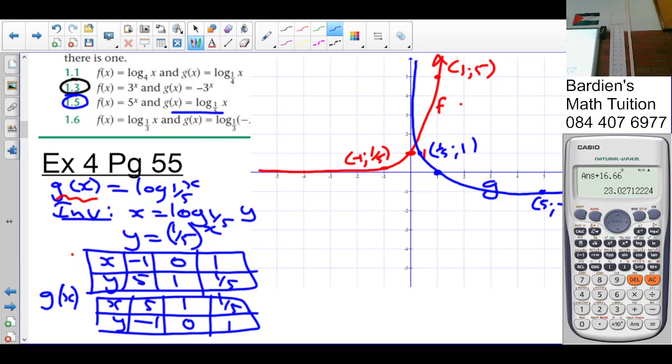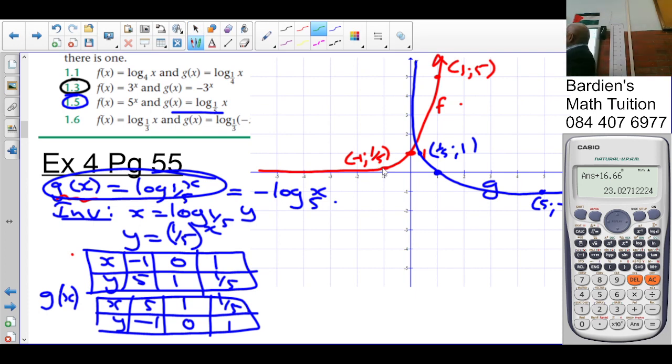Another way we could have written this equation is it could be written as negative log x base 5. Not so. Remember, I did this twice or thrice already. I showed you how log x base a fifth can be written as negative log x base 5.